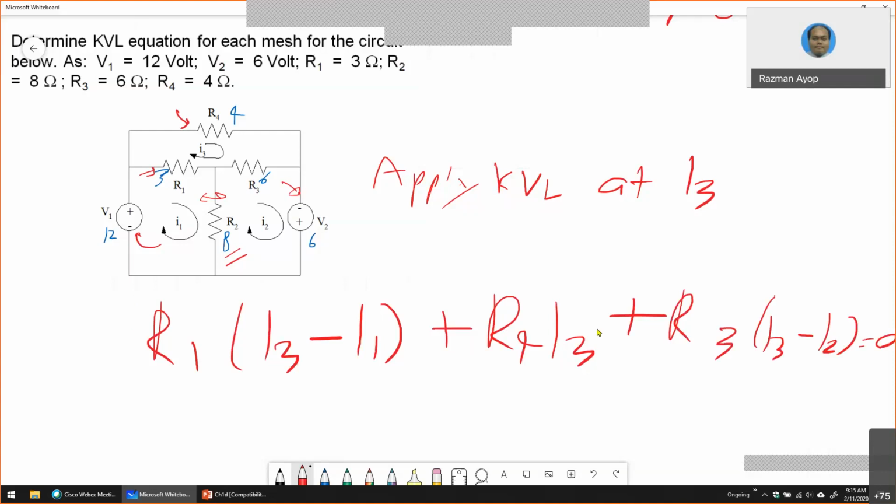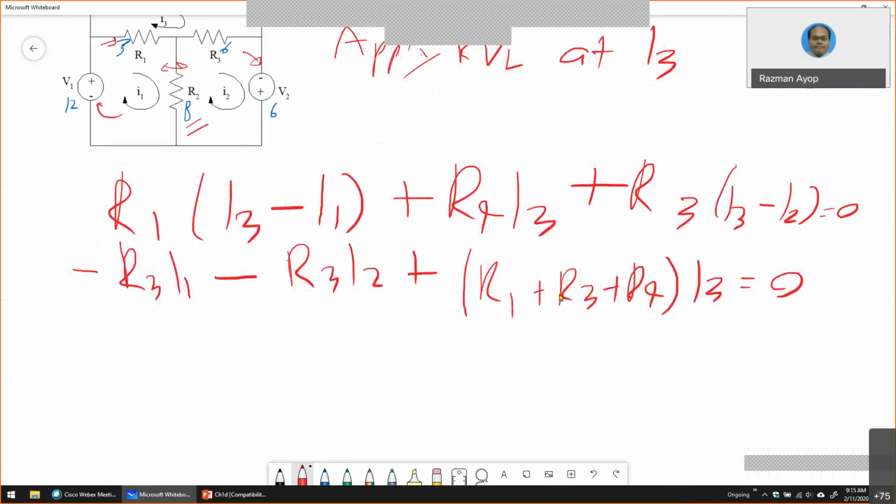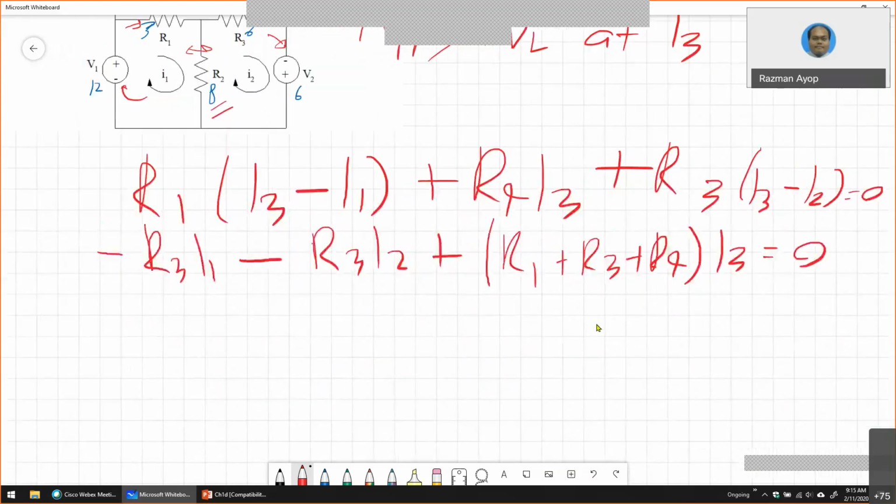So rearrange it, don't forget to rearrange everything. Negative R1 I1, minus R3 I2, plus (R1 plus R3 plus R4) I3 equals 0.